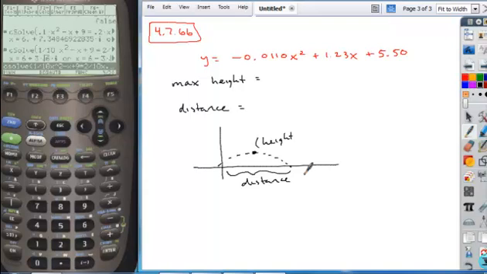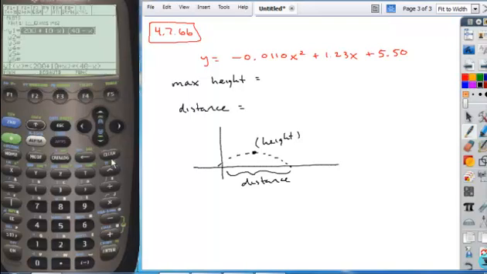Okay? So when you're looking at these two values, we need to take our equation. We'll enter it in our y editor. Right.